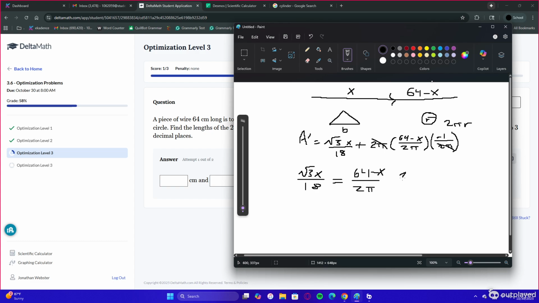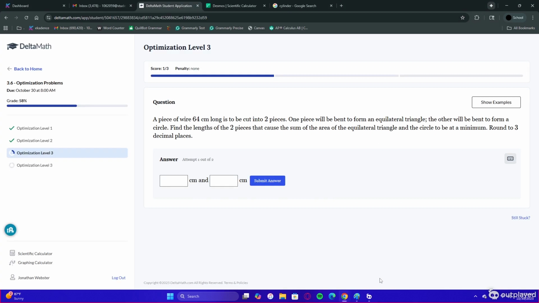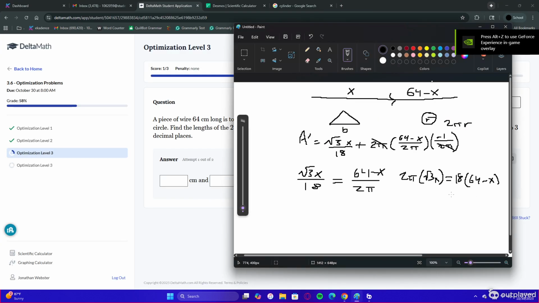So to find our values, we can do cross multiplying. So 2 pi times root 3 times x is equal to 18 times 64 minus x, and 18 times 64 is 1152, so 1152 minus 18x is just equal to 2 root 3 pi x.